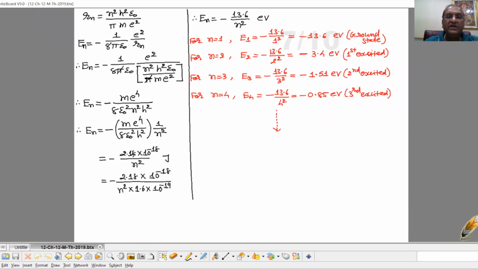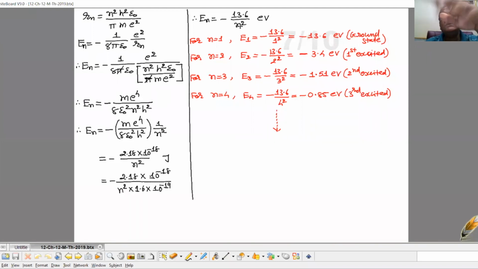Now to convert this one in electron volt, divide this one by 1.6 into 10 raised to minus 19. So now we have energy in nth orbit minus 2.18 into 10 raised to minus 18 upon n square into 1.6 into 10 raised to minus 19. Now if we solve this one, we will get energy in nth orbit, that is minus 13.6 upon n square electron volt. Now see here, in this particular equation, suppose we substitute n equal to 1.